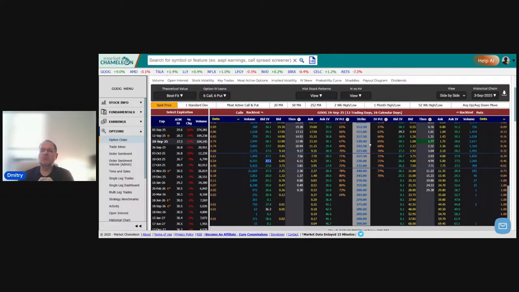But let's say it moves down to 220 today. Well, if it moves down to 220 and the implied volatilities on these strikes stay the same, that means at 220 the implied volatility would be 28.1. If we compare it to the 27.1, it looks like it went up one click.